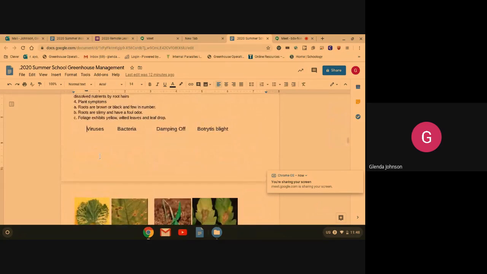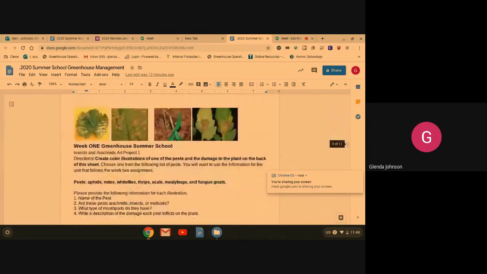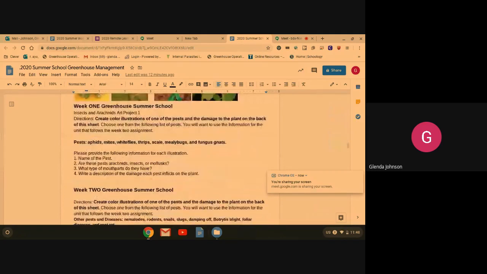If we look at week one, it wants you to draw and label some things. It's called Insect and Arachnids Project 1. Create a color illustration of one of the pests and the damage to the plant on the back of the sheet.